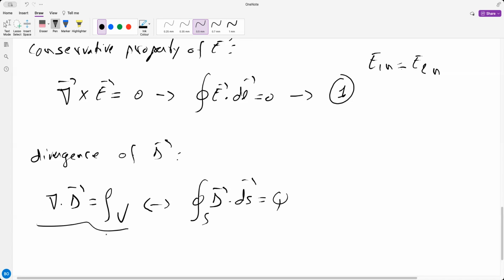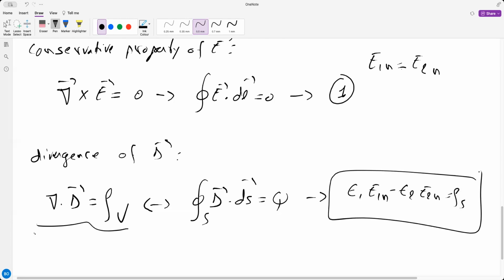If you integrate this, the integral over the volume is equal to the integral over the surface. Okay, so this gives us the second boundary condition of the normal component of D. Okay, any question? Now, what we will do?